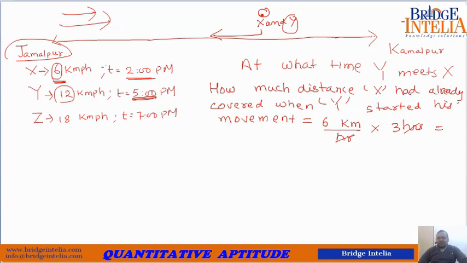This comes out to be 18 kilometers. So the situation is something like this: Y is about to start his journey and X is already 18 kilometers ahead.